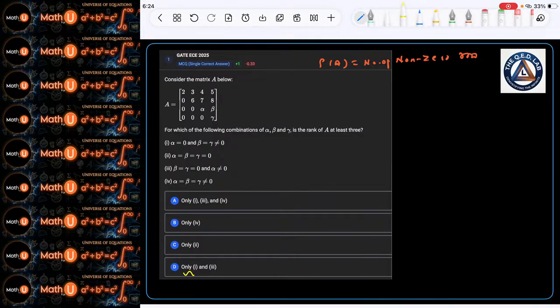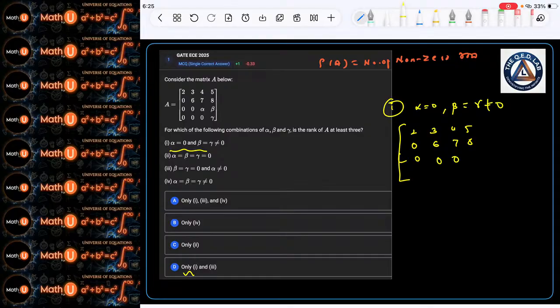Okay, if you consider the first statement, alpha is equal to 0, beta and gamma are not equal to 0. The matrix becomes like this: 2, 3, 4, 5, 0, 6, 7, 8, 0, 0, alpha also 0, beta may be any number, 0 0 0, gamma may be any number.